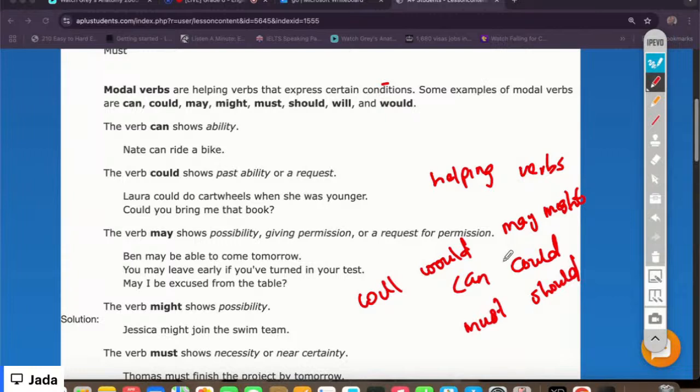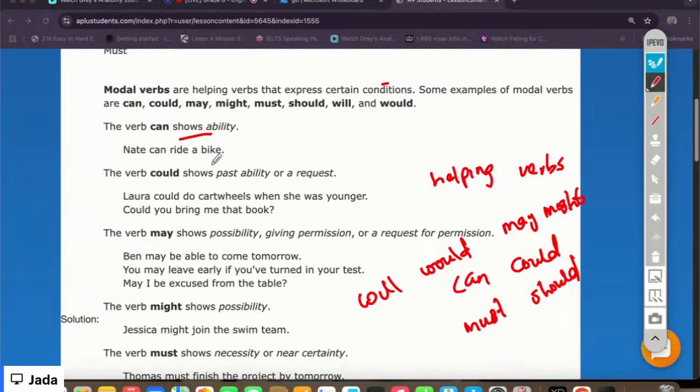All right. For the first one, the verb can shows ability.